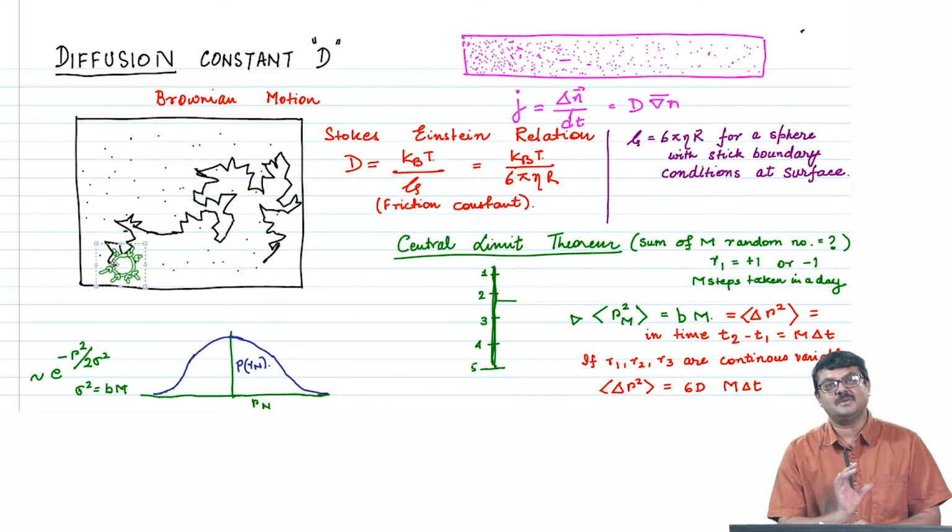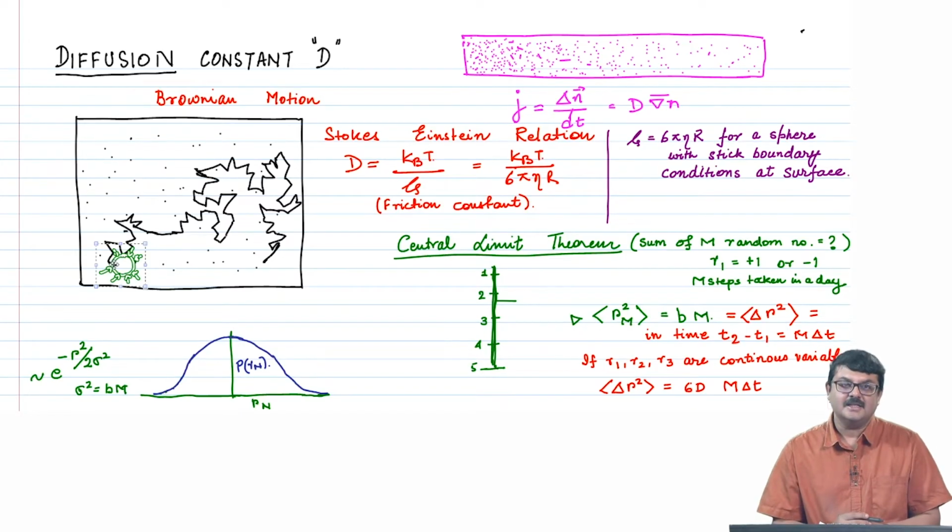So, basically the diffusion is the effect of the sum of all these collisions with the water particles. There is a net force, and the particle moves in this direction in an instant of time delta t.